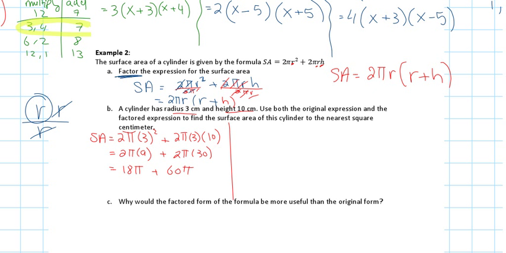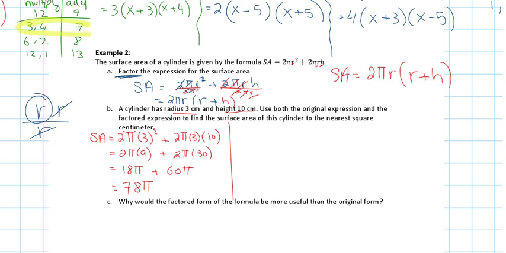What's 18 pi plus 60 pi? 78 pi. Right? Let's leave it as 78 pi. Because if you want, grab a calculator, do 78 times pi, and then that will give you the answer. But let's just keep it like this for now.